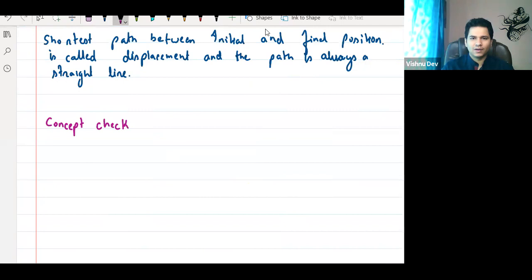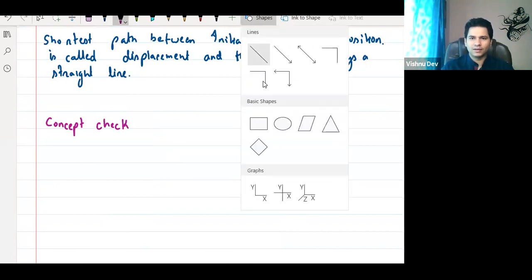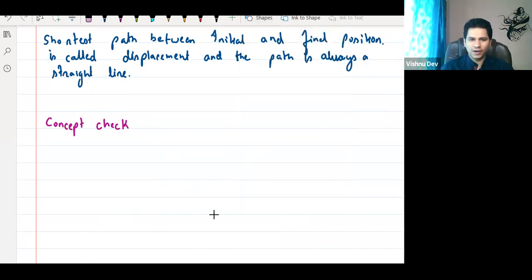Now think about it. Suppose you're moving like this. Okay, everyone, please pay attention over here.